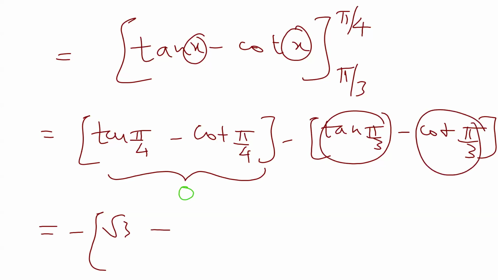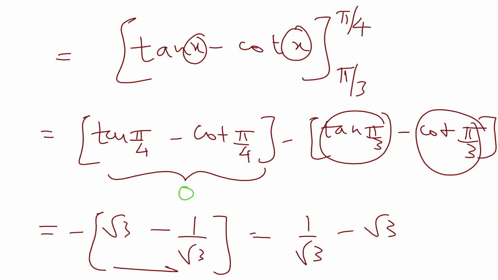Cot 60 is 1 by root 3. So this is 1 by root 3 minus root 3. Take the negative sign inside, the terms will get reversed. So this is minus 2 by root 3. Is this clear, guys?